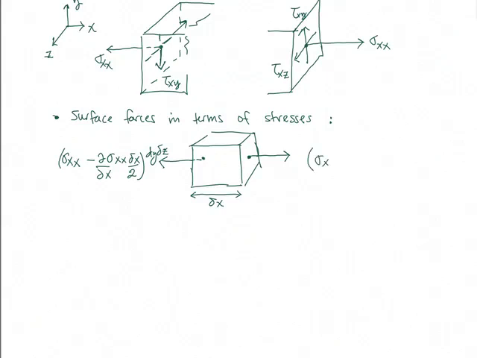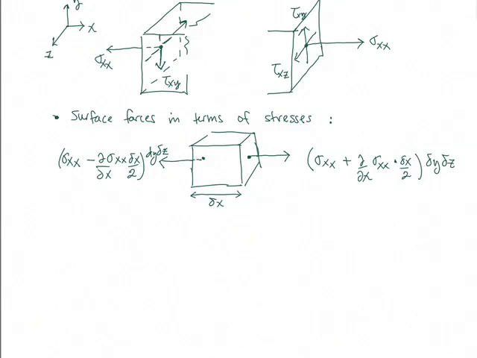On the right hand side we have sigma xx plus now d dx of sigma xx, again multiplied by the distance between the center and this face, which is delta x half, and all of this multiplied by the element of area, dy dz, is going to be the force on the right hand side, pointing in the x direction. So those are the normal stresses.